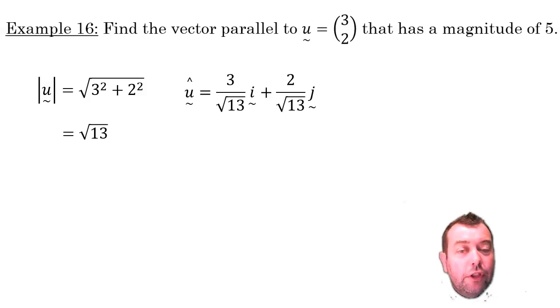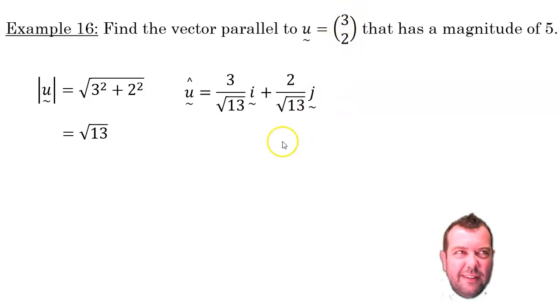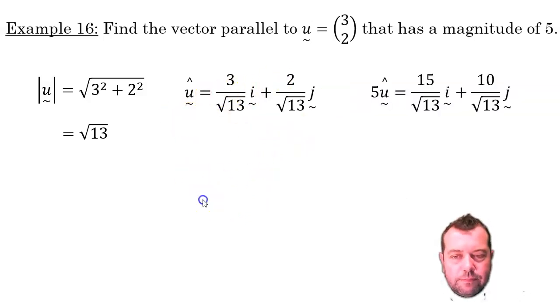Now I'm going to find the unit vector. I'm going to find u hat, not your hat. So instead of 3, 2, it's 3 over root 13, 2 over root 13. I have switched to this component form now because fancy fractions as column vectors get a bit annoying. So that's u hat.